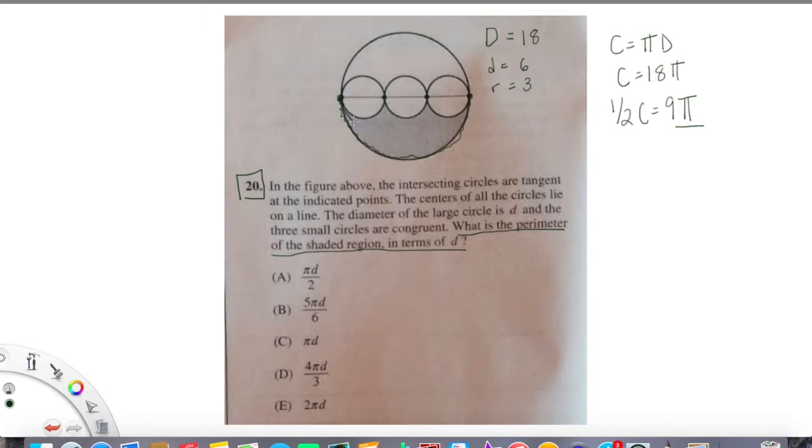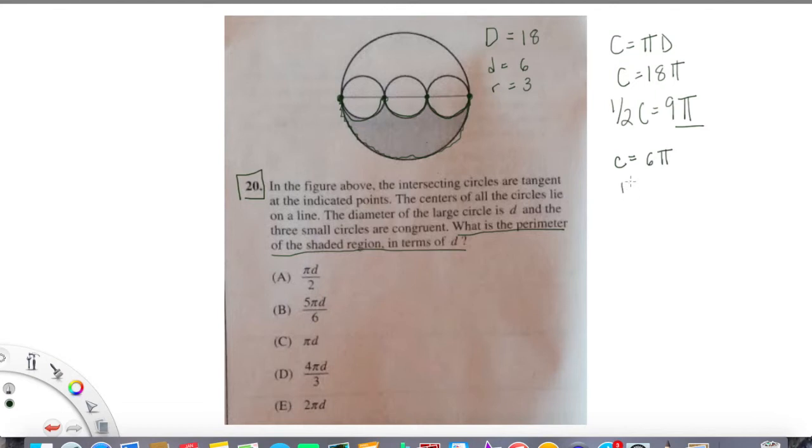Now we just got to figure out these three smaller pieces. This would get kind of messy if we were dealing with just D and trying to solve this algebraically. As it is, we've picked numbers here and we know that the diameter of our smaller circles is 6. So if we wanted to do the circumference, maybe like a small c for each little circumference, we would get pi d, which is going to be 6 pi.